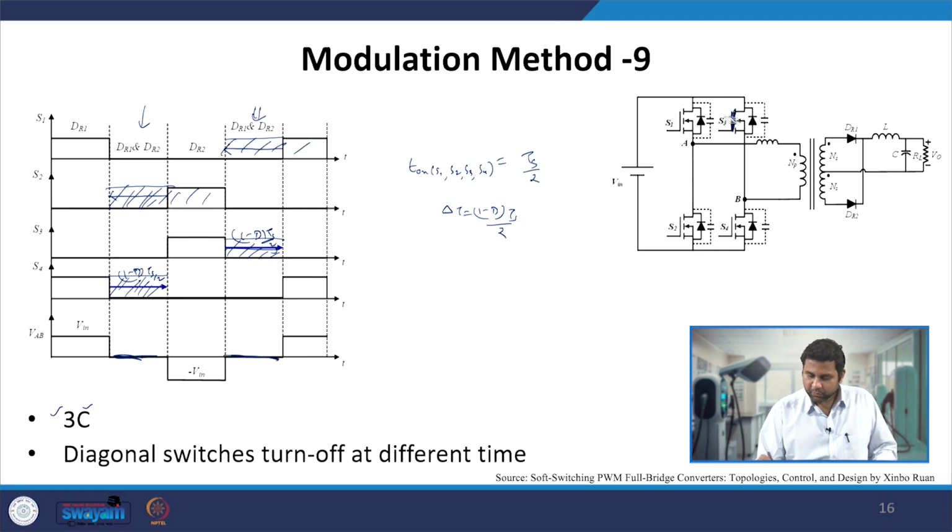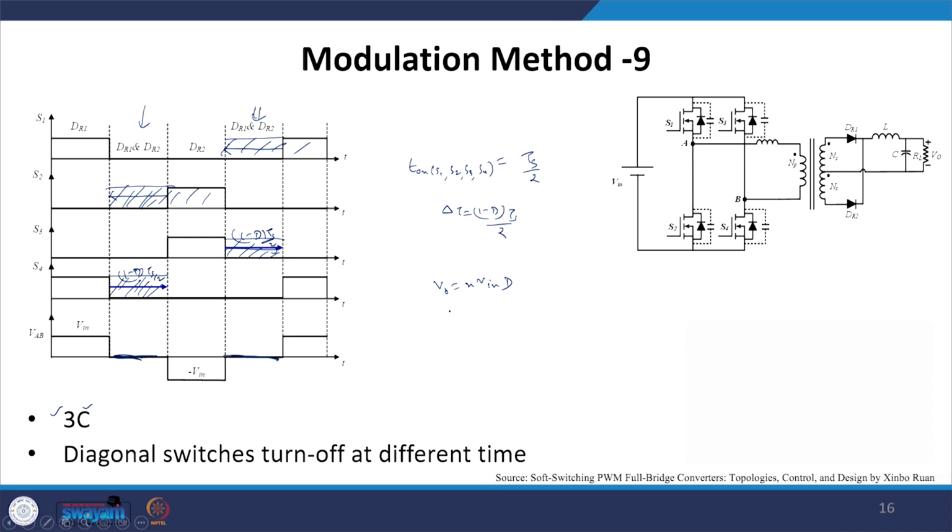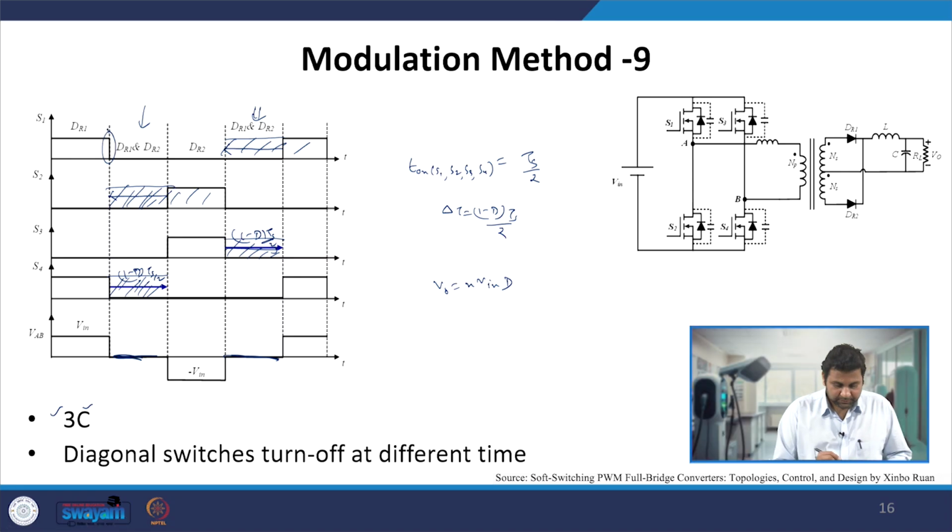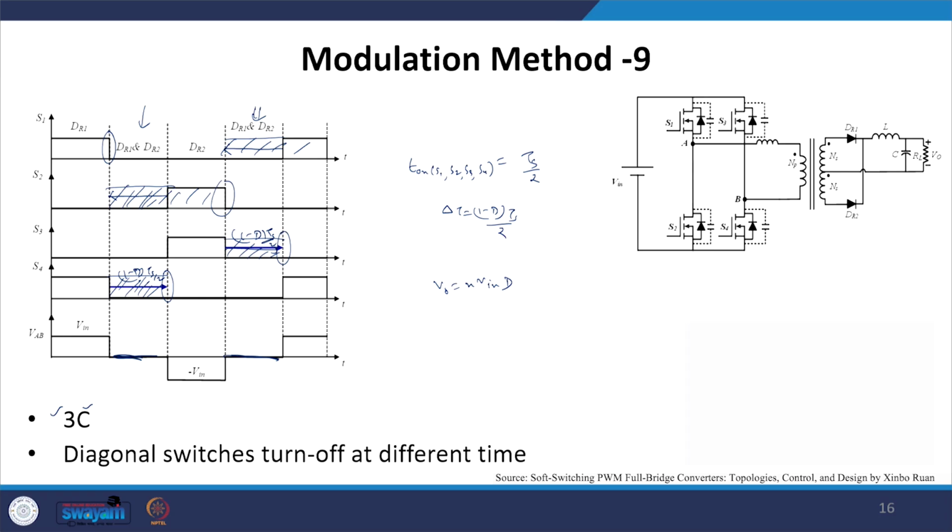So my output voltage V0 is still N V times D, and there is no change in the output voltage. If we look very carefully, S1 and S4 turn off at different times, S2 and S3 turn off at different times. So these are the 9 different modulation methods we get by just adjusting the turn on period of either the leading leg or the lagging leg switches.